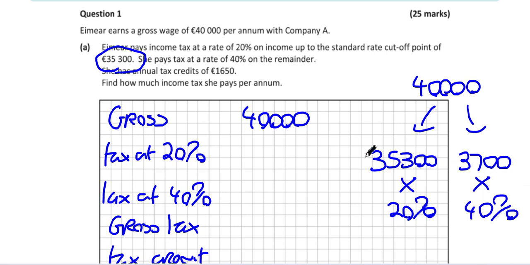So put that into the calculator, multiply 35,300 by 20%, guys. Sorry guys, it's 4,700, not 3,700. What's the way we do it again?